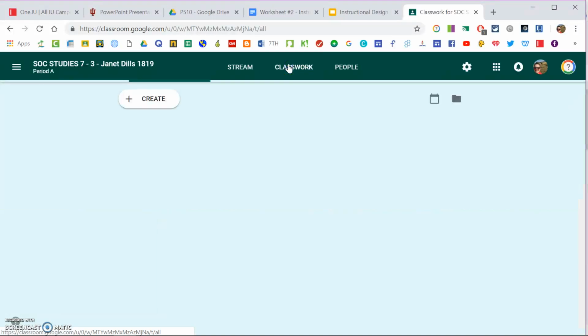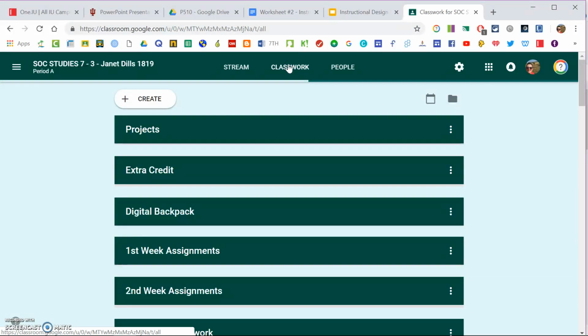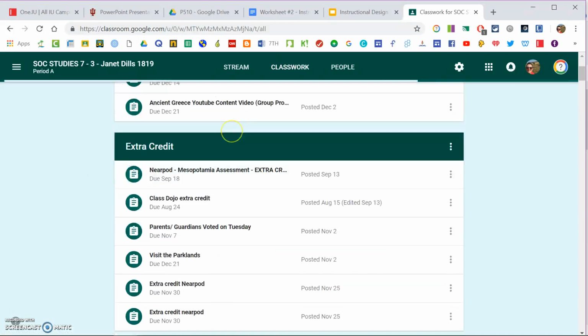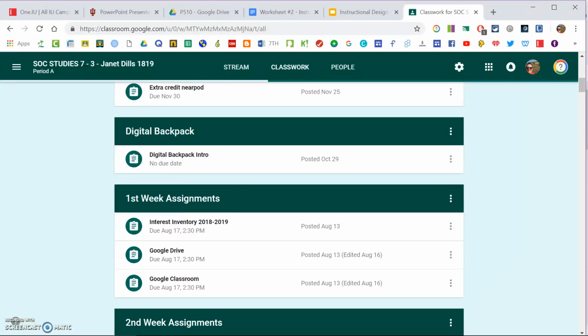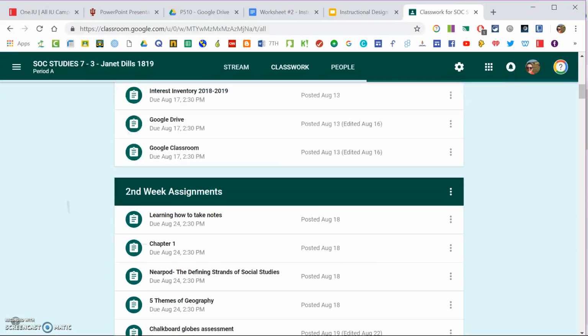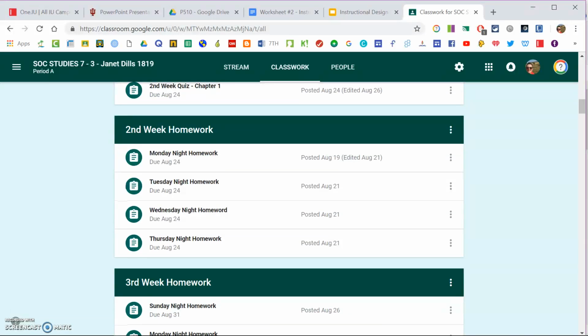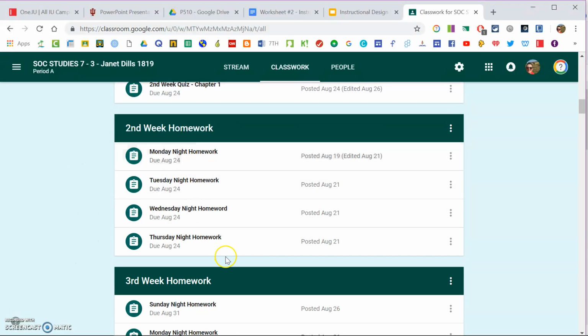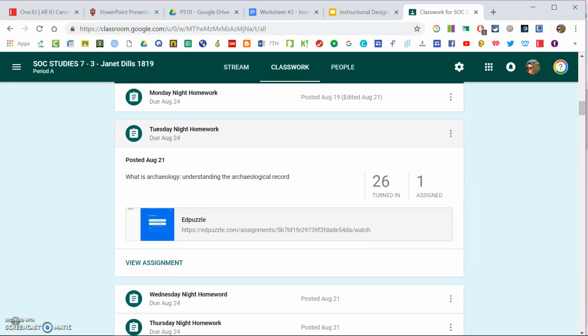When you go to classwork, it's all in subject titles. So they have projects, their extra credit, their digital backpack, first week assignment, second week assignment, second week homework. And inside of those, you have all of their homework assignments individually. And if you click one of them, it brings up the link to their Edpuzzle, which is amazing.